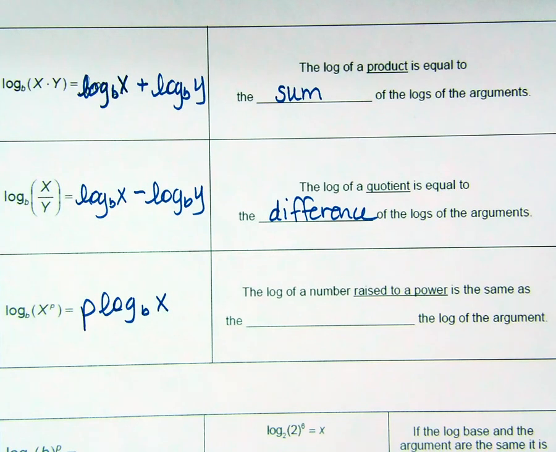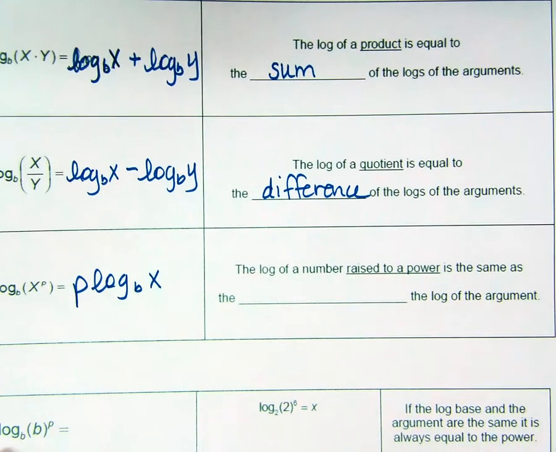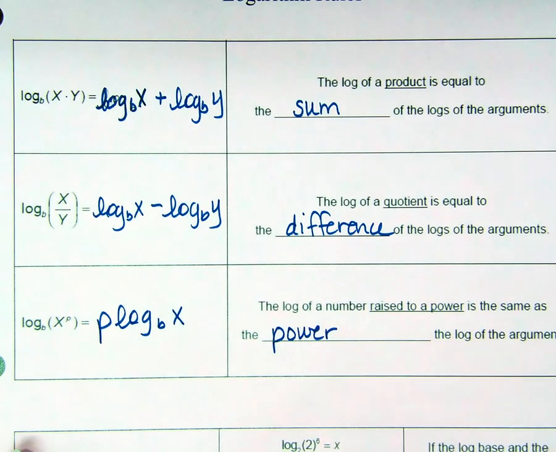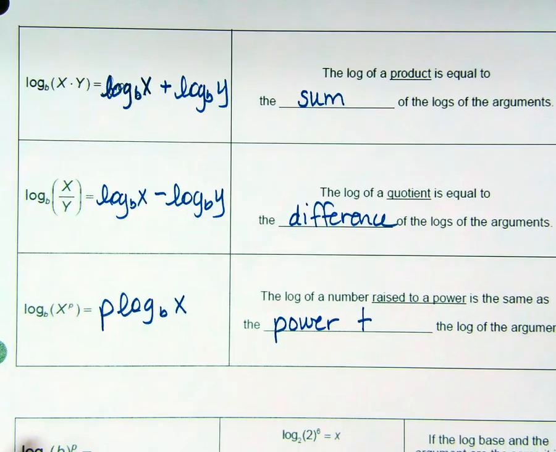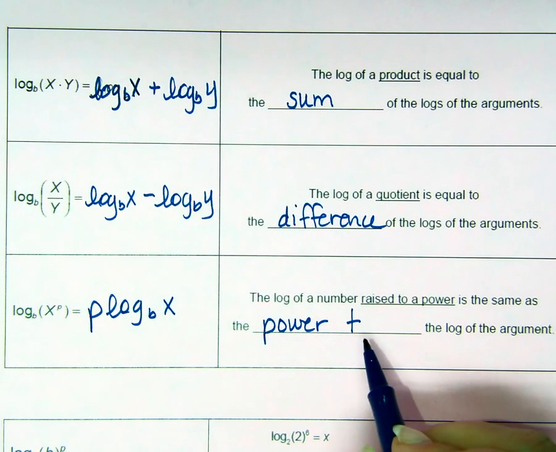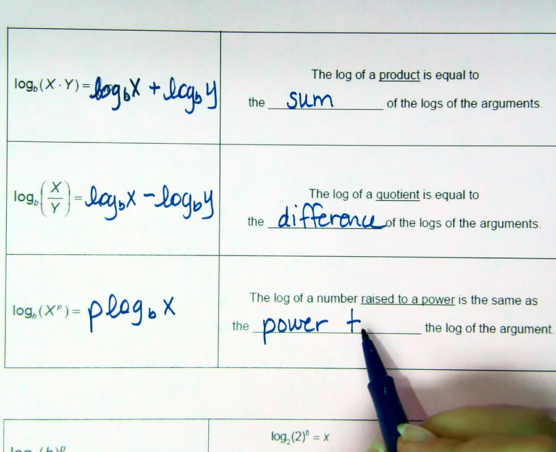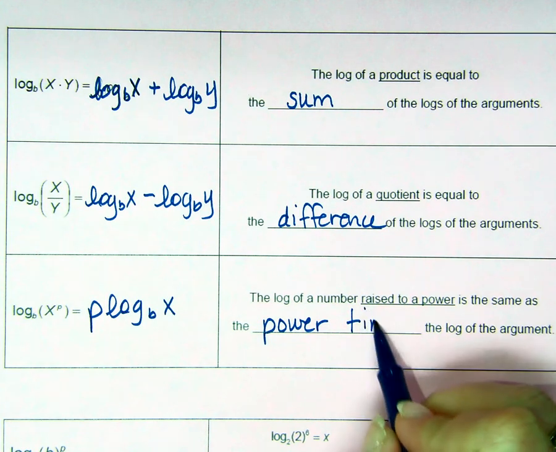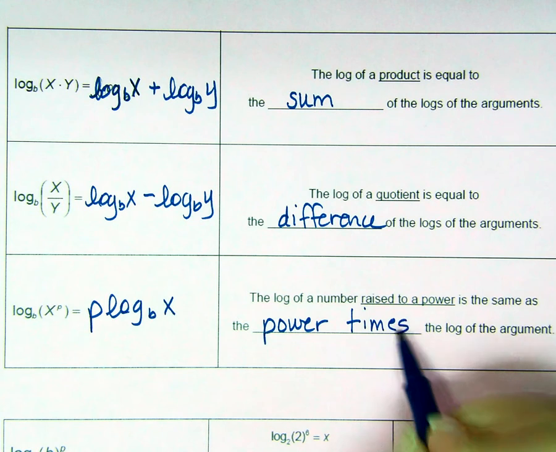So the log of a number raised to a power is the same as the power times the log of the argument.